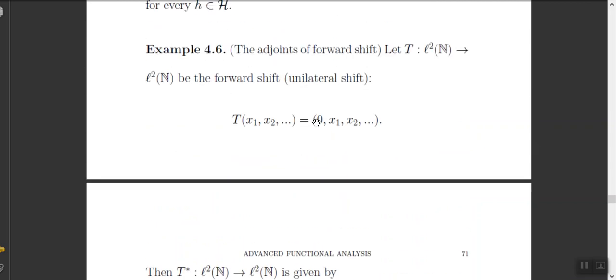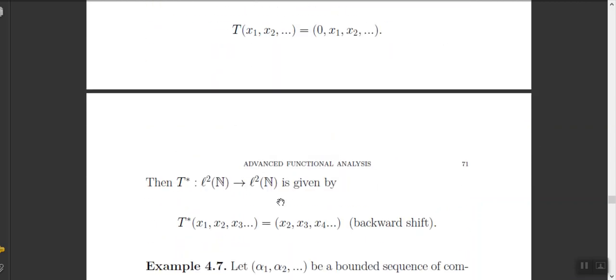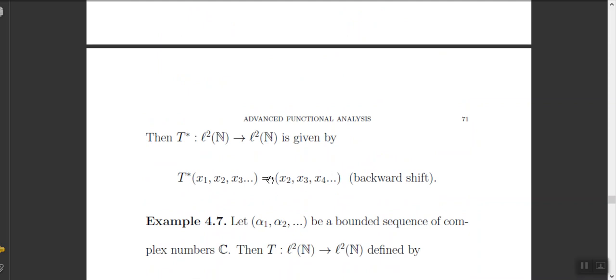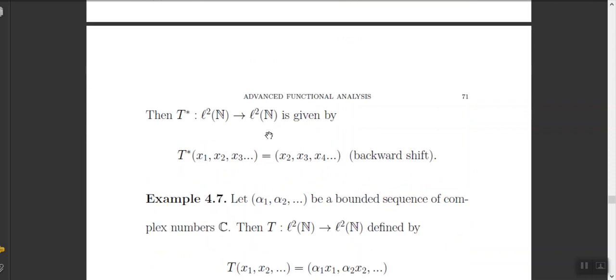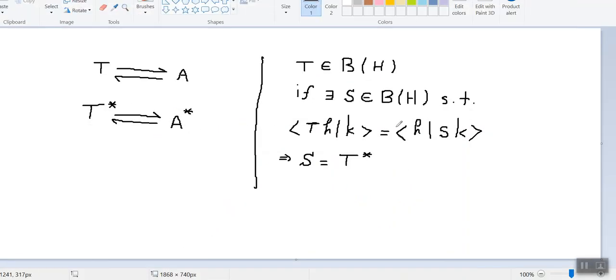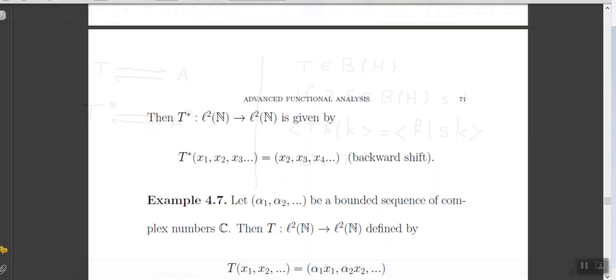Look at here, this is like forward shift. T star is backward shift. Of course, we have to show that this is indeed the adjoint of T, right? We are going to show that this T star satisfies this characterization. Okay, let me show you.